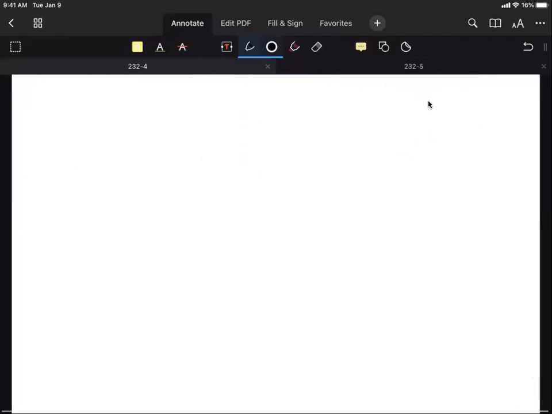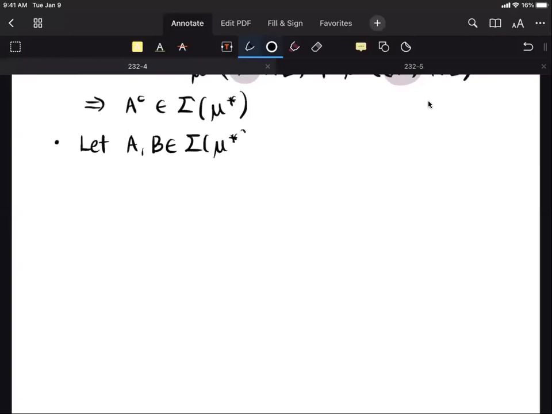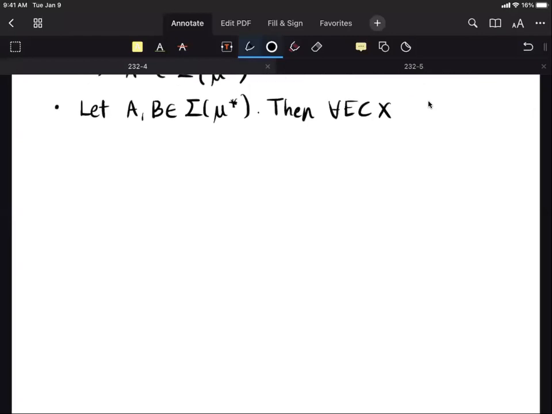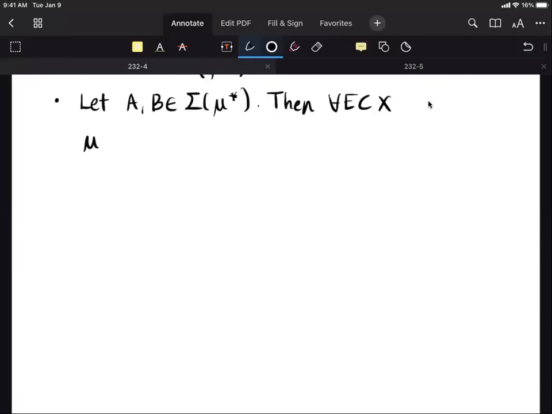For that, let us start with two measurable sets, say A and B. Then you take a subset E of X. Let's start with measurability of A. So mu star of E is equal to mu star of A intersection E plus mu star of A complement intersection E.